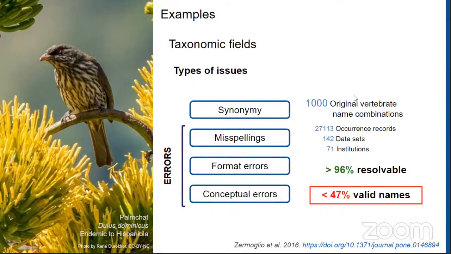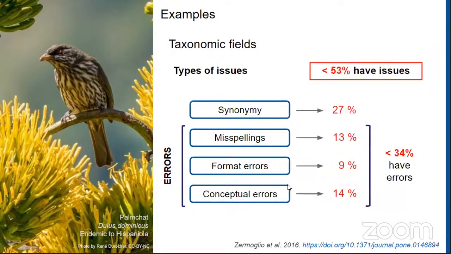They looked at 1,000 different names, and they found that they could understand what the name was referring to in the majority of the cases, but of those original values for the names, less than half were actually valid due to all these issues.